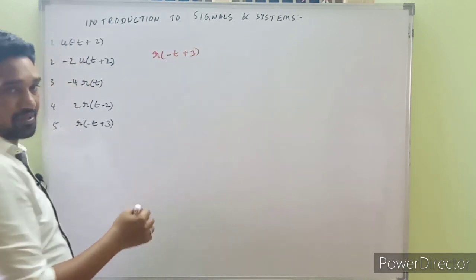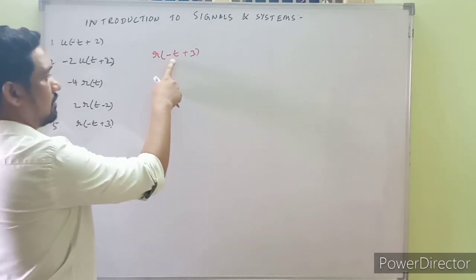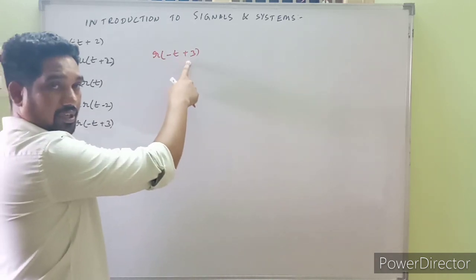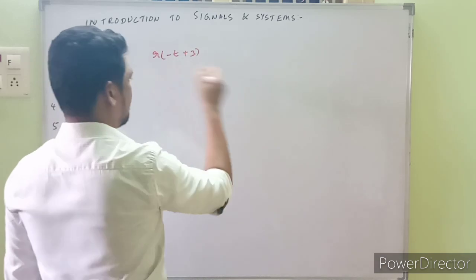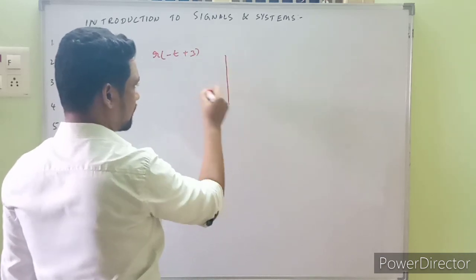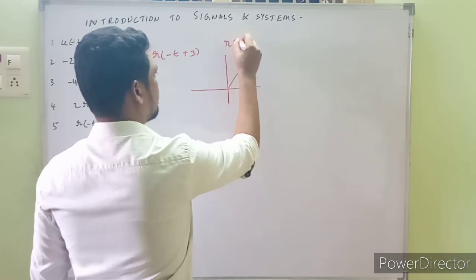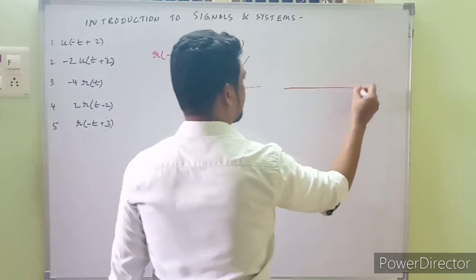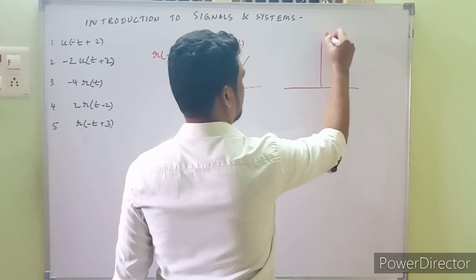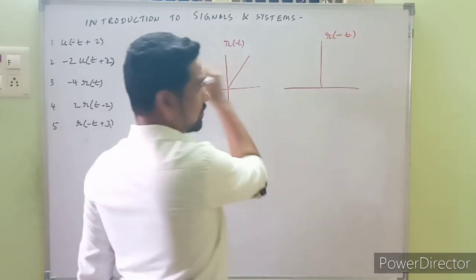Now even this is interesting. A negative time with an advanced signal. So what if I need to draw the r of t? r of t would be this. This would be r of t, and r of minus t would be the flipped version of this one.